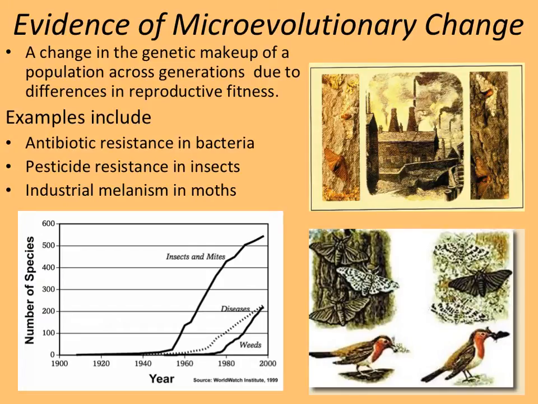Most of them were the white form. In fact, there weren't even any reports of a dark form. And then, as coal was released, it darkened the trees, and all of a sudden what was adaptive in terms of camouflage was now maladaptive.